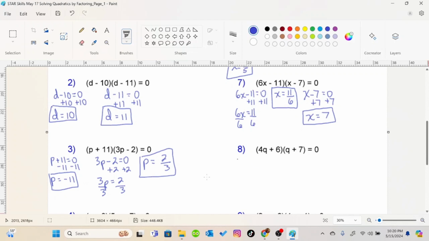Number 8. We set the first factor, 4q plus 6, equal to 0. Subtract 6 from both sides, and you get 4q equals negative 6. Divide both sides by 4, and you get q equals negative 3/2.